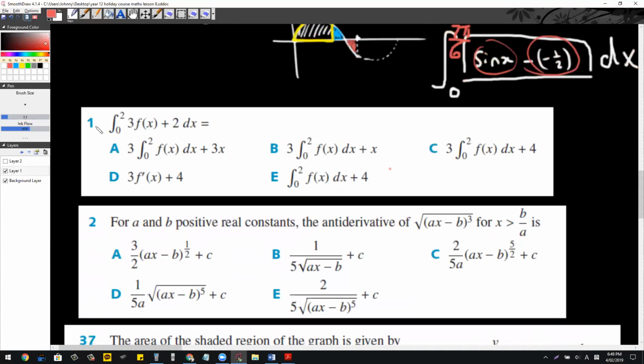What you notice is that this constant 2 came out. If you look at all these choices, they're all outside of the integration. So that means you integrate the 2 and then you have to evaluate from 0 to 2 here.